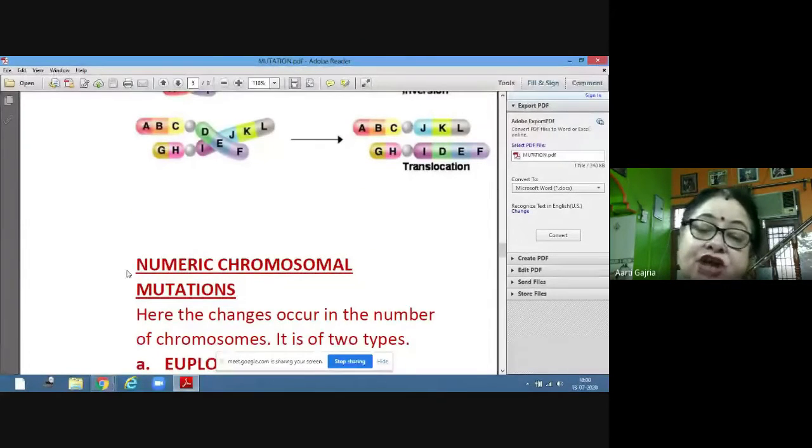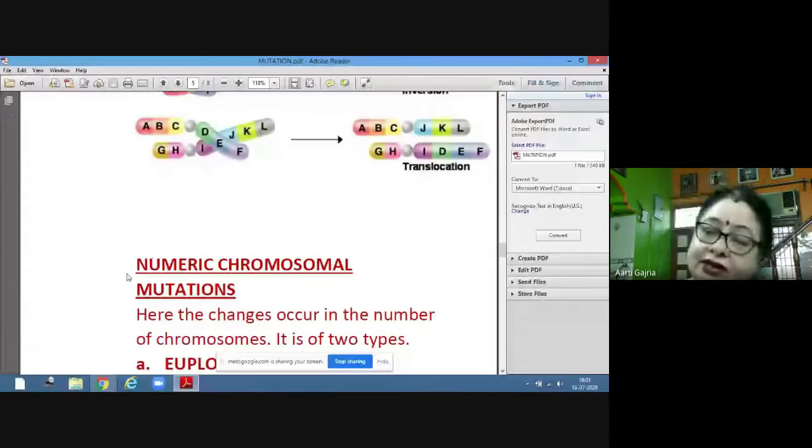Here the change occurs in the number of chromosomes. You know that the number is constant for all species. We have 46, and these 46 are present in 23 pairs, and these 23 pairs are 22 pairs of autosomes and 1 pair of sex chromosomes.